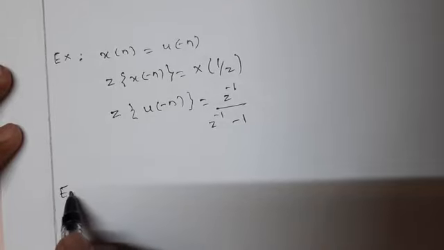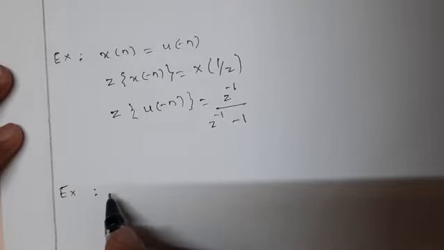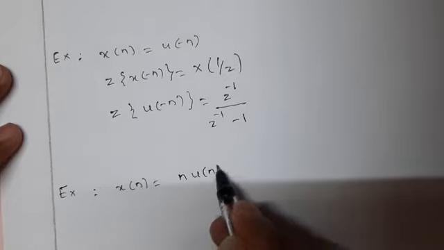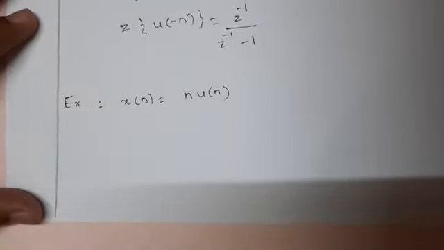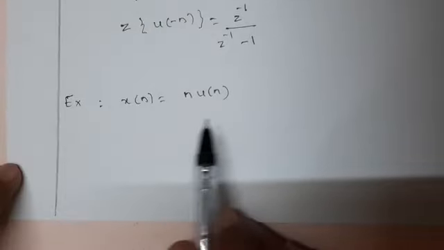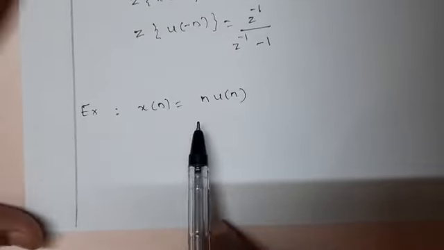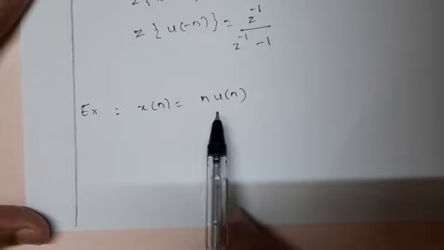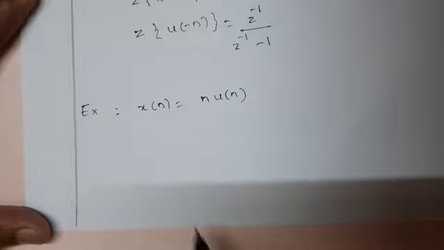Okay, next example. Find the z transform of x of n is n into u of n. So now you come to know what this property is: differentiation in z domain, or multiplication by time factor.